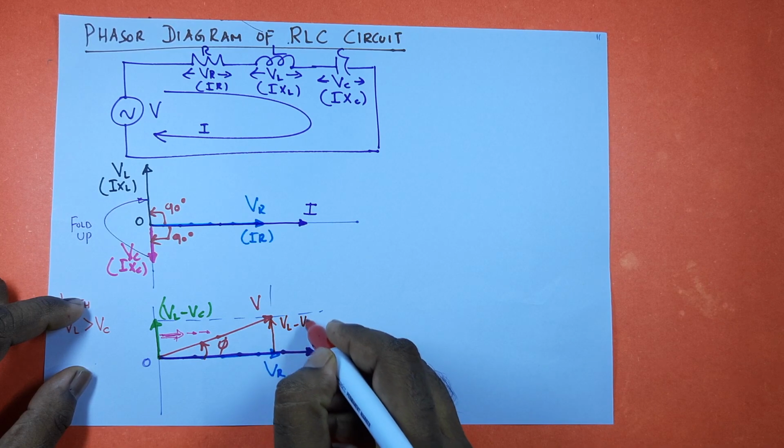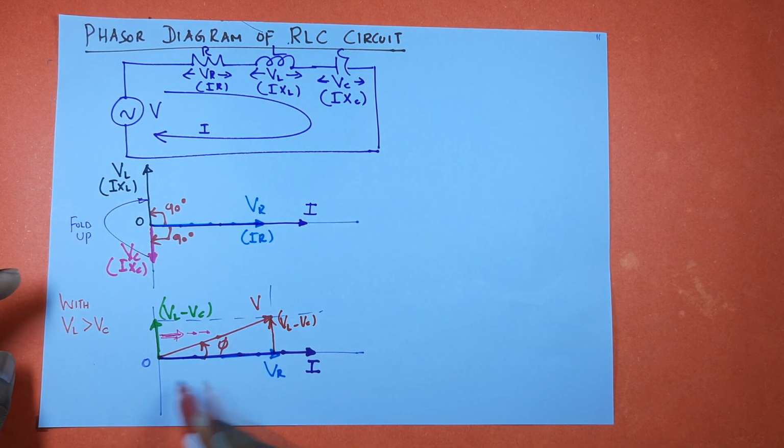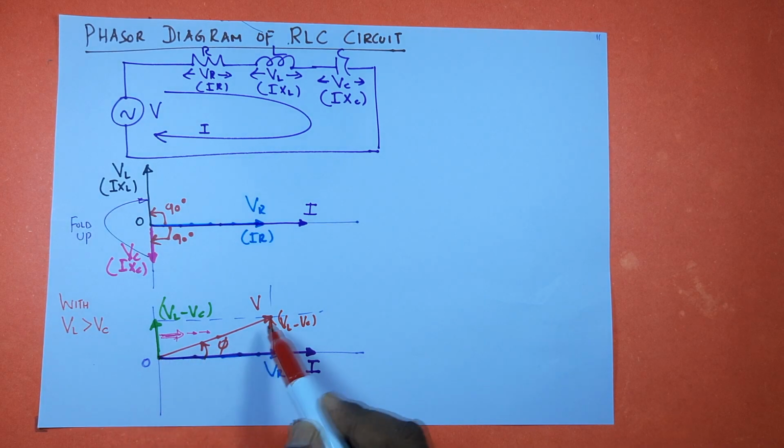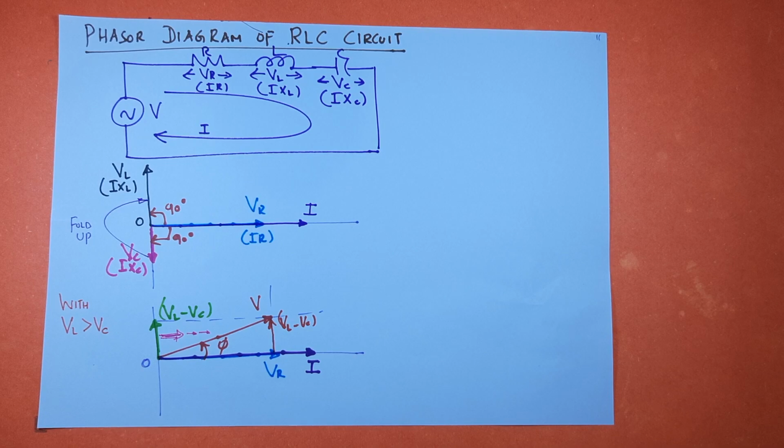Suppose I want to know the magnitude of this V. What is that theorem? Pythagoras theorem, that is right. It is like a right triangle, right?